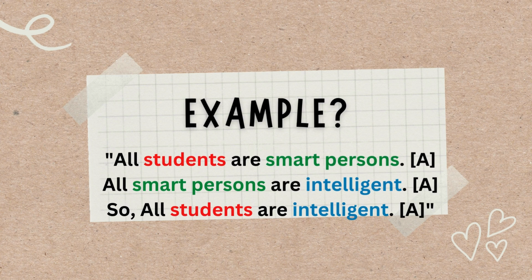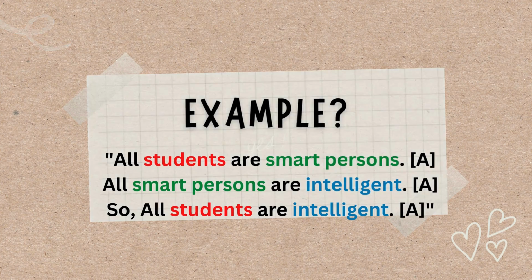So we have two premises, and the sentence with "so" in it is the conclusion. From premise 1 and premise 2 we conclude premise 3, "all students are intelligent." This is what we call a syllogism.